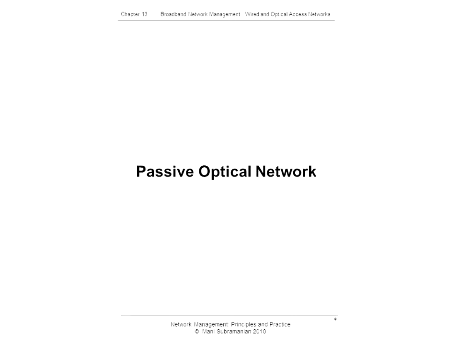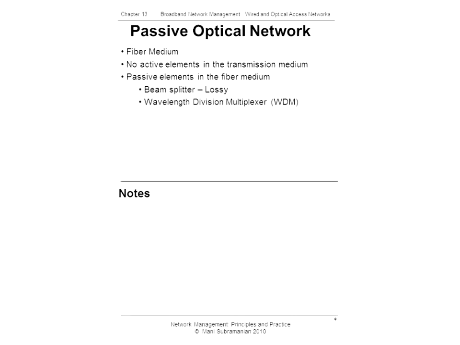And finally, we have passive optical network. This is the third wired broadband access network, and it is not really wired, but the copper is replaced with fiber. So PON can also be implemented on copper.